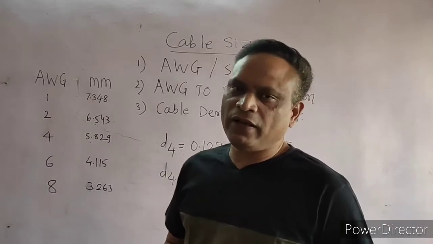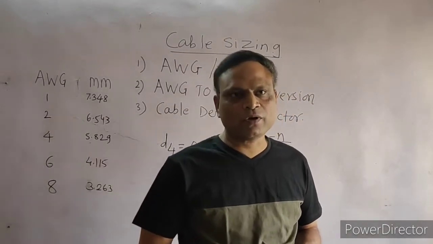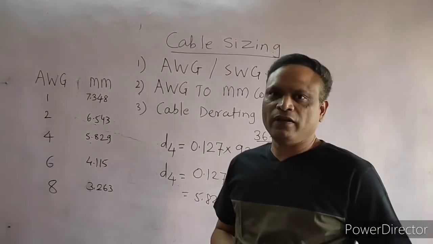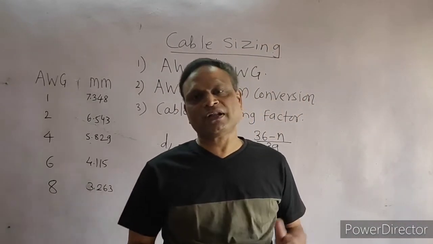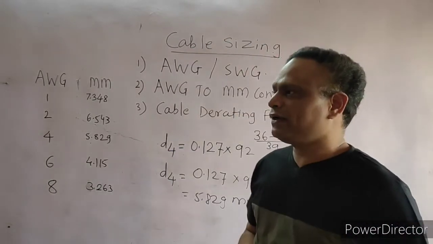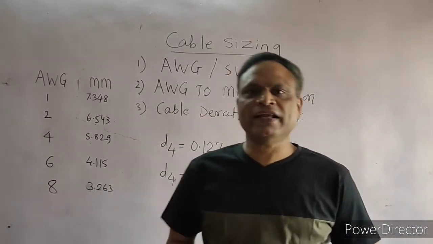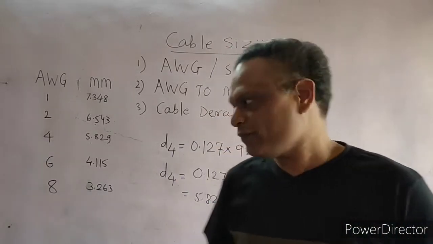While selecting the cable, some safety factor has to be considered, because the manufacturer mentions the cable at a specified temperature. Many of the manufacturers specify the temperature of cable at say 70 degree or 90 degree, or some specify at 40 degrees.